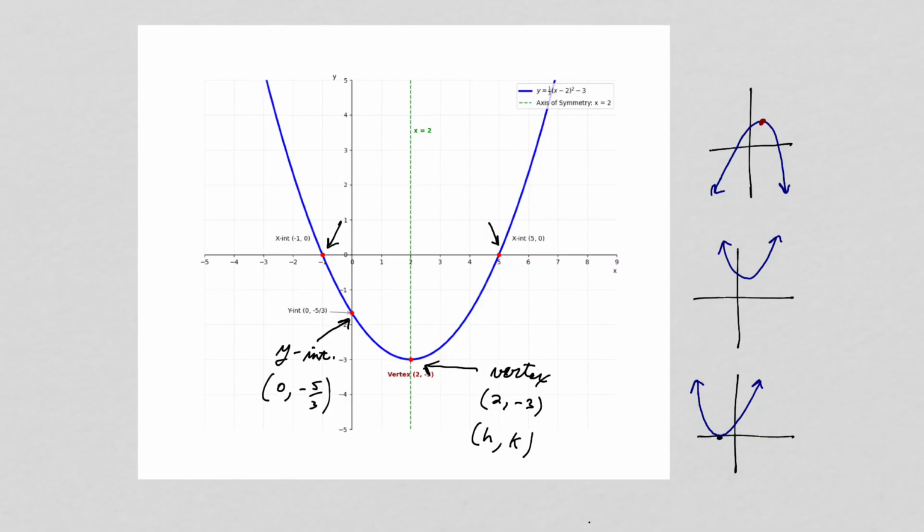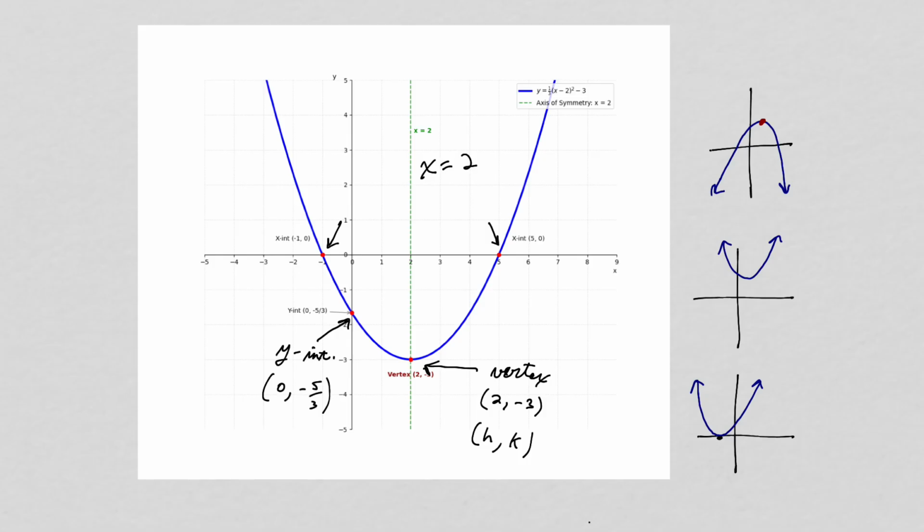And the equation is always x equals h, right? So remember, in this case, h was 2. We found that from the vertex there, so h is 2. So the equation for the axis of symmetry is going to be x equals 2, which I have in green over here, but I'll write it again. So x equals 2. That would be the equation of the axis of symmetry.